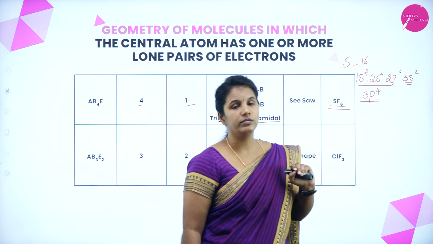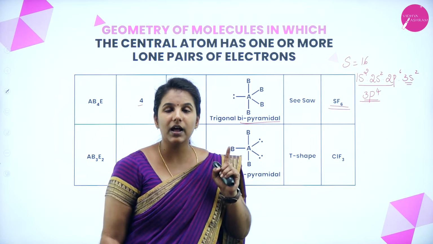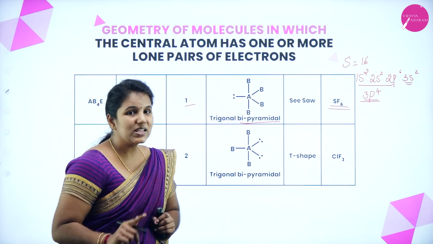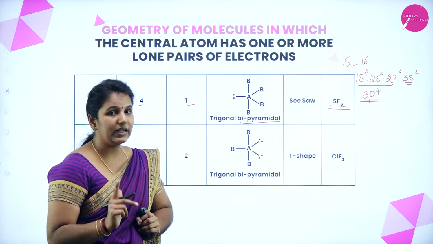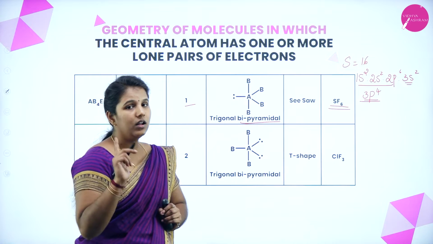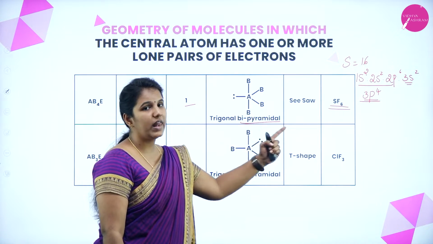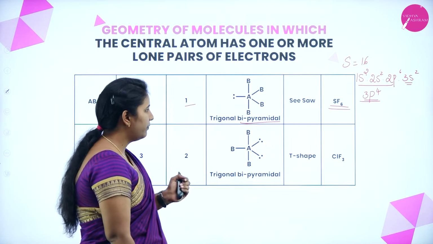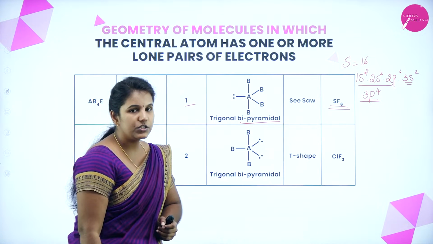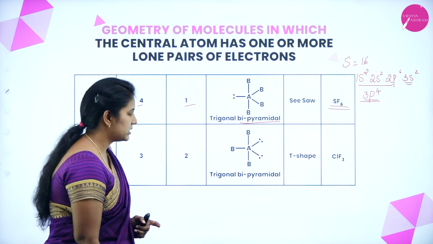There are 2 electrons present in the ground state s orbital, which act like a lone pair of electrons. So it is 1 lone pair of electrons present in the sulfur. Hence it forms a trigonal bipyramidal structure.